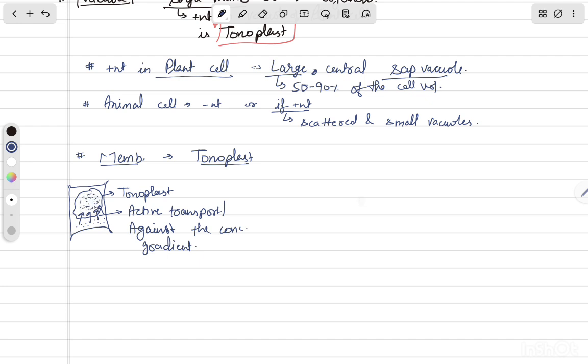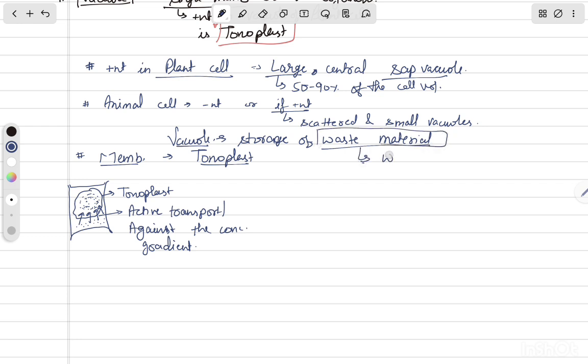Function of vacuole is storage of waste material. Now, which waste substances are stored in vacuole?